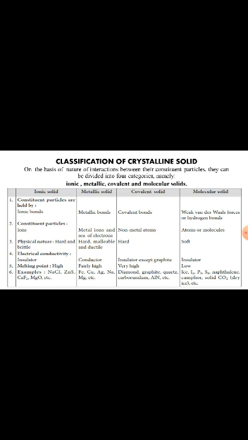Next solid is covalent solid. As the name indicates, here the bond is covalent bond and the particles are basically atoms which belong to non-metals.